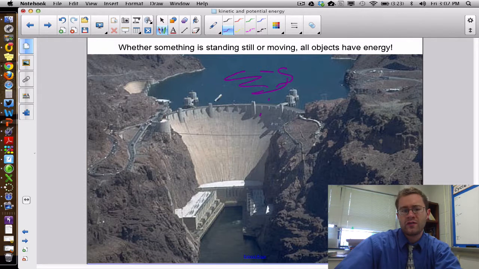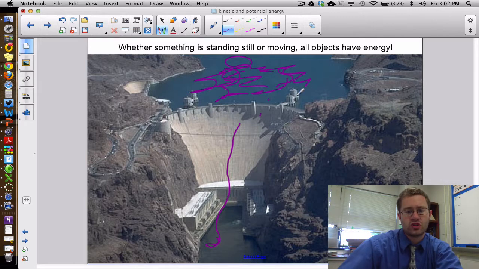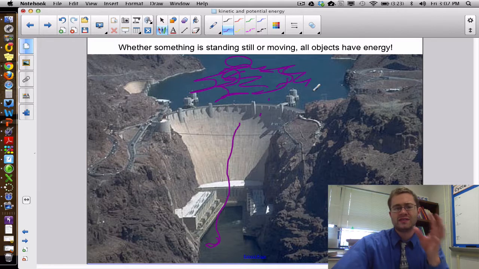Right now, even though it's a lake, even though it's standing still, you can only imagine if this dam were to break and it were to go all the way down the river, it would have tons of energy. Right now it's not showing it, but it has the potential to have loads of energy behind it. That's what we're going to be looking at for this.